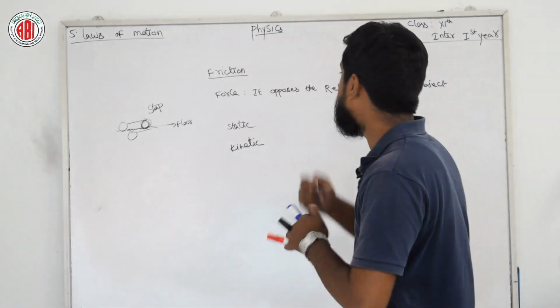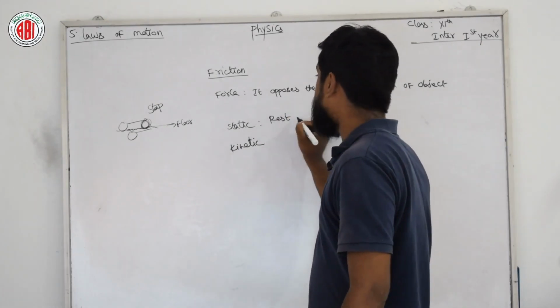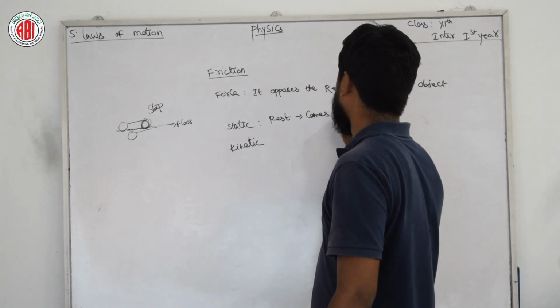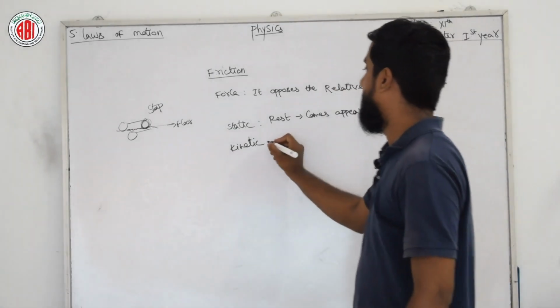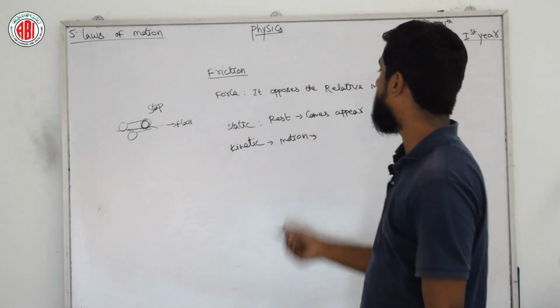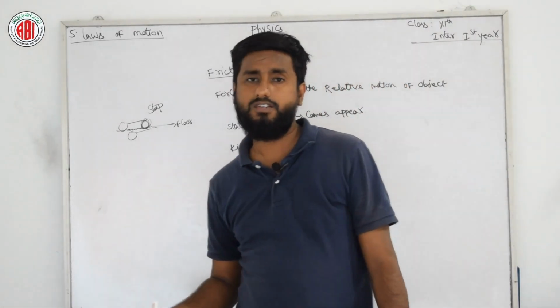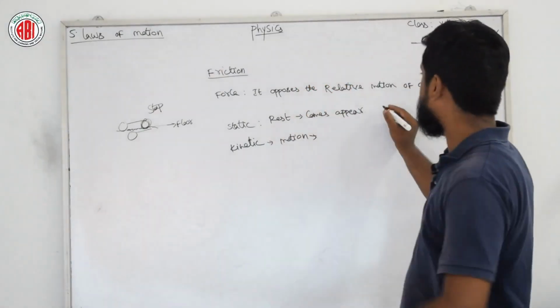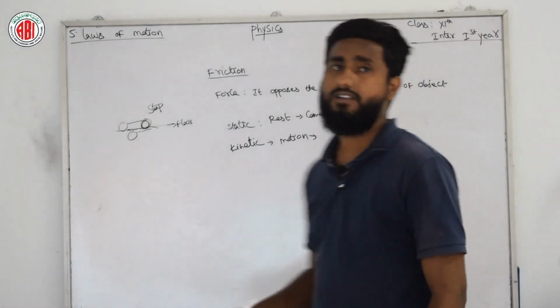That means static friction appears when the object is at rest. Kinetic friction appears when the object comes in motion. We have a few formulas for static friction and kinetic friction.